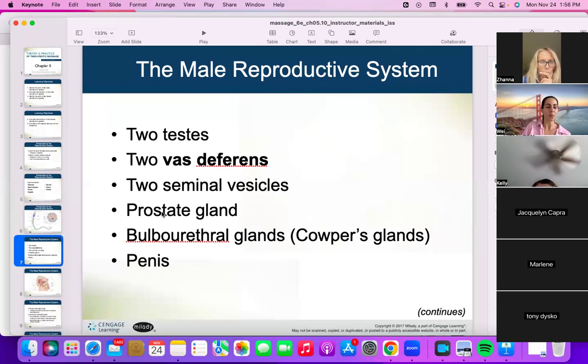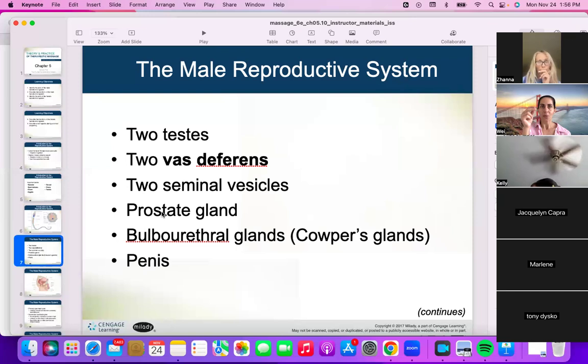Next, we have the prostate gland. So another gland right here secretes alkaline fluid, which enhances the movement of the sperm. As well, it neutralizes the acidity in the vaginal canal. So the stomach is acidic, the vagina is supposed to be acidic, so it's an acidic environment. If it's not, then you'll get bacteria, whether it's your gut or in your vagina, okay?